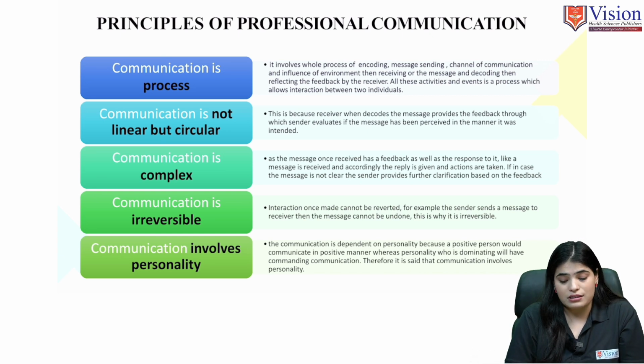Communication is complex. Yes, communication is complex, and a message once received has feedback as well as a response to it. Like a message is received, the reply is given accordingly, and action should be taken. Communication is irreversible. Once you have communicated with someone, you cannot reverse that. You cannot cancel or undo that message after you have communicated with the person.